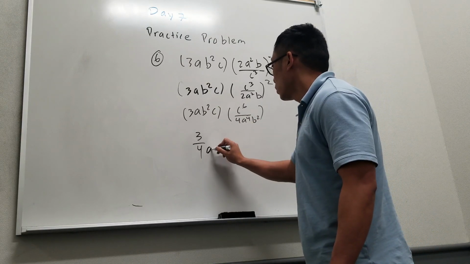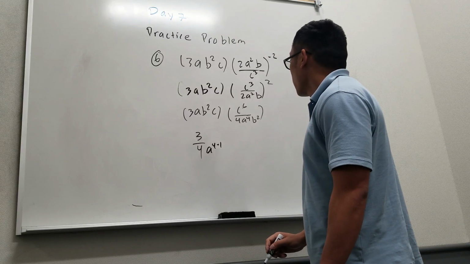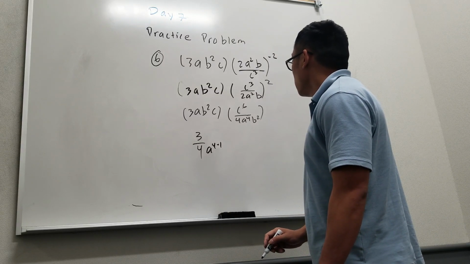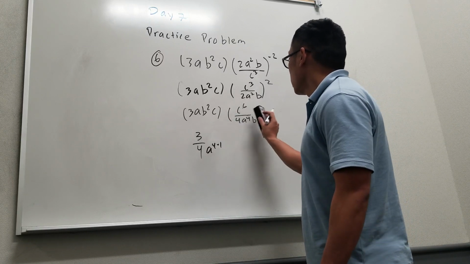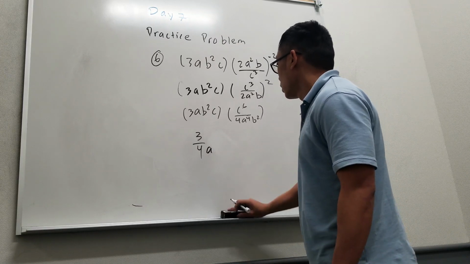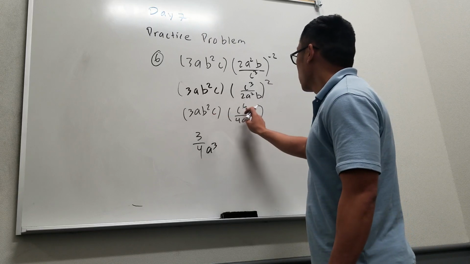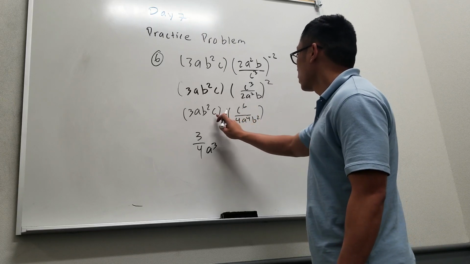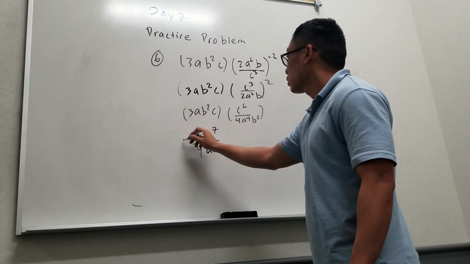So it's a to the 4 minus 1. Right? Now the b squared cancels. And you add the c, so it's just c to the 7. So this is a cubed, right? A to the 4, a cubed. The b squared will cancel, c times c to the 6 is c to the 7. That's it.